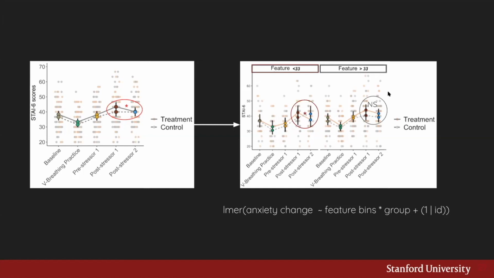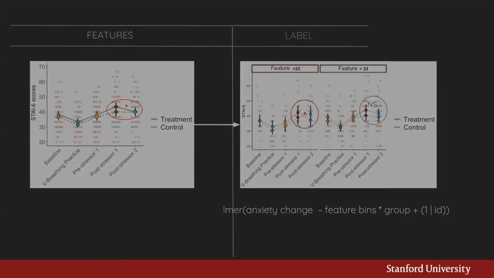And in the other bin, there is no effect, then we can say that people are more likely to benefit from the device if they are low on that feature, for example, openness, reappraisal, etc. And that is what we're going to talk about now.